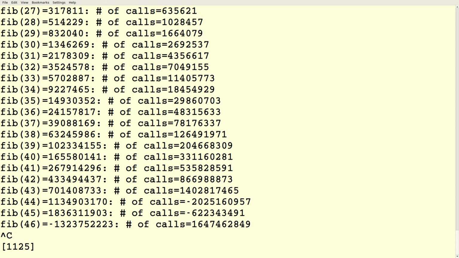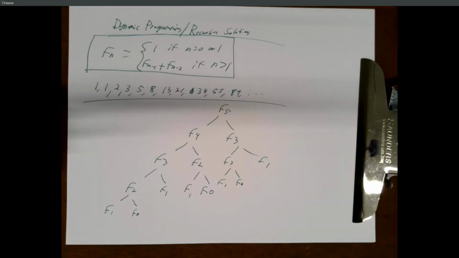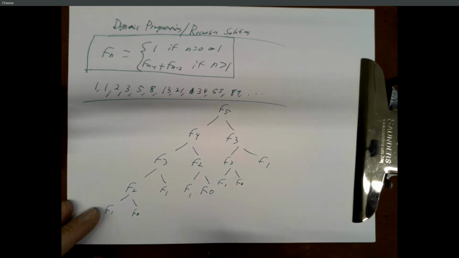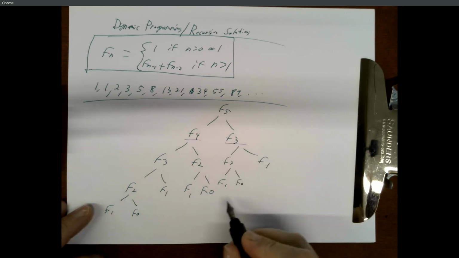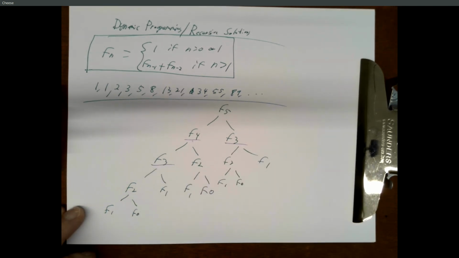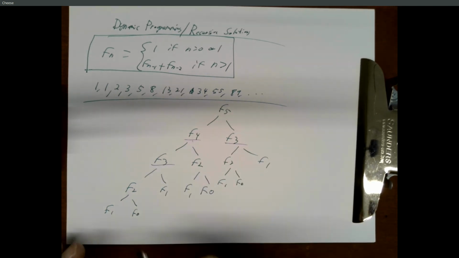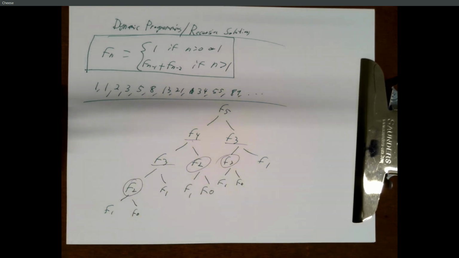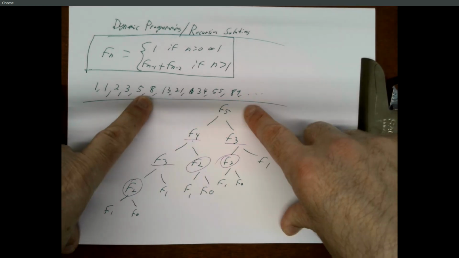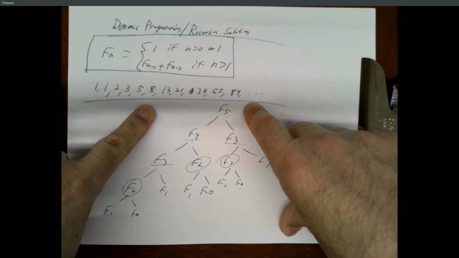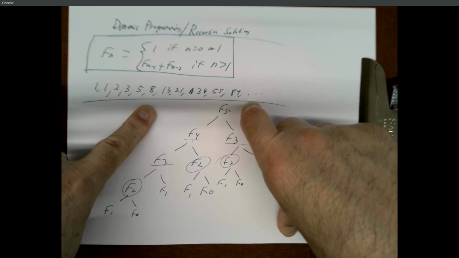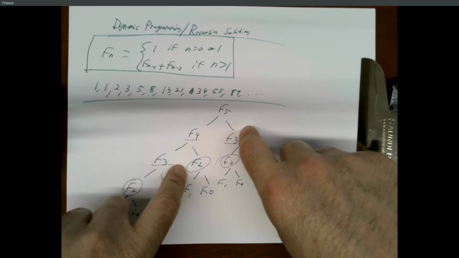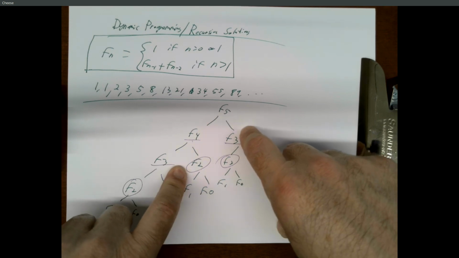All right, so why is this so horribly inefficient? Because when we are trying to calculate F5, we had to calculate F4 and F3. We also calculated F3 here to calculate F4. And we calculated F2 in a number of spots. If it takes us, let's just say, a second to generate F5, then when we want to calculate F6, we're going to have to calculate this again. So it's going to take another second, plus however long F4 takes.